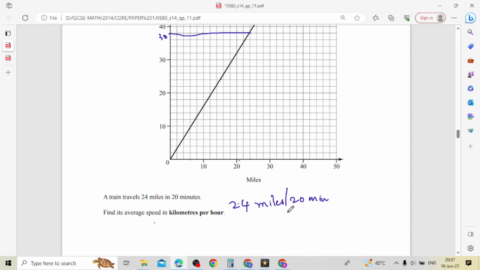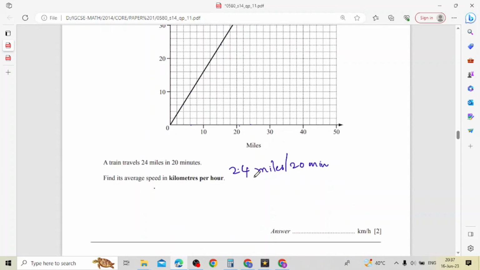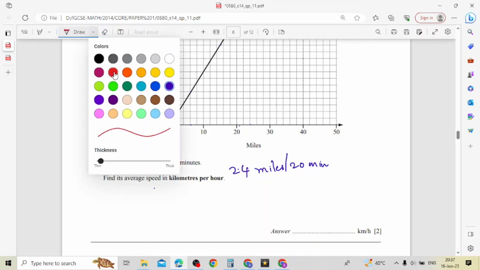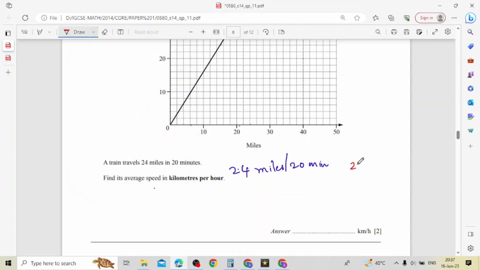Done. Now that we got this, I'll write it over here, in another color. So here 24 miles is equal to 38 kilometers.